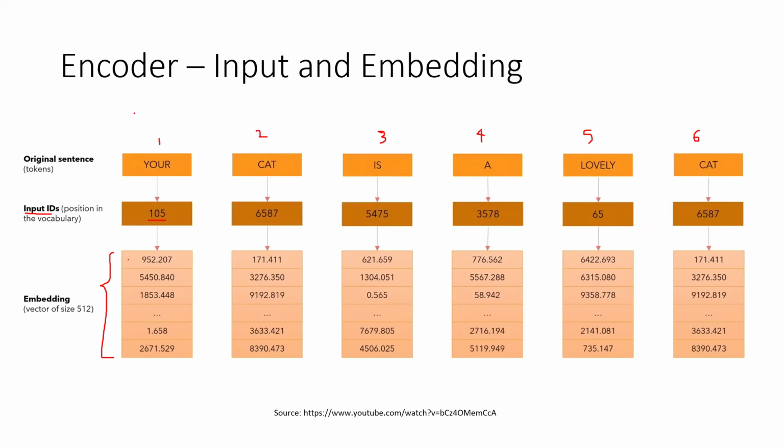A token may be divided into U as one token and R as another token, and so on. So whatever token you are using, each token is mapped to an embedding vector. In this case, the vector size is 512 for this example.